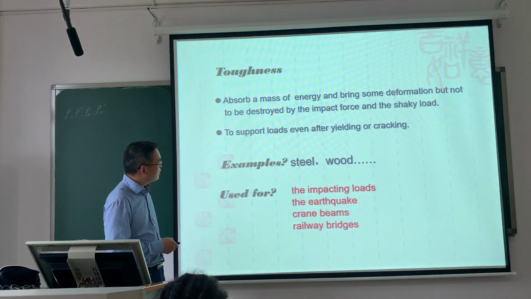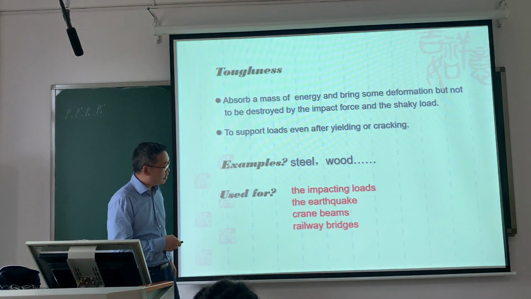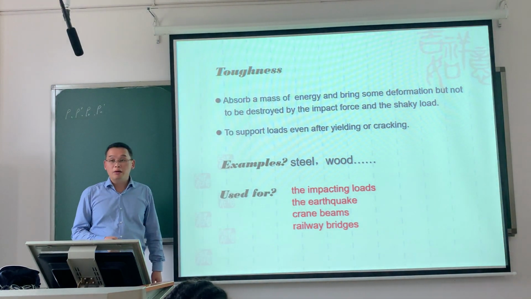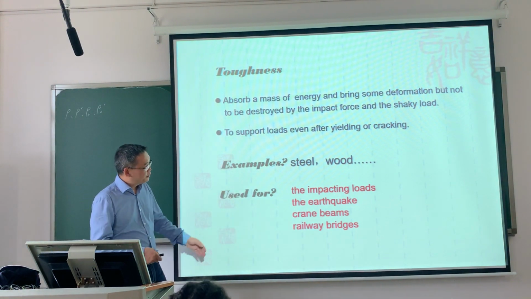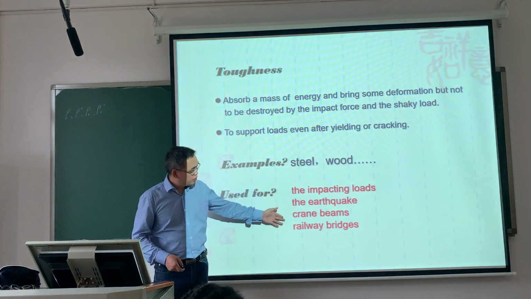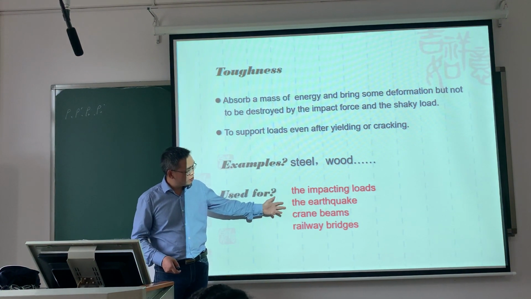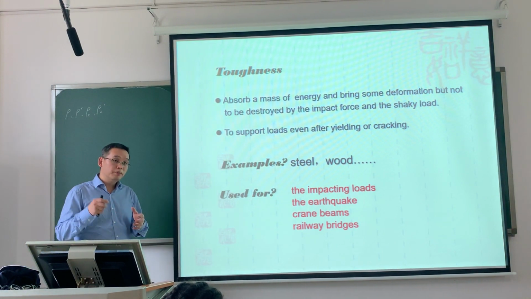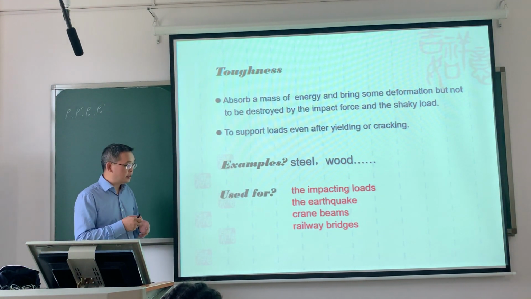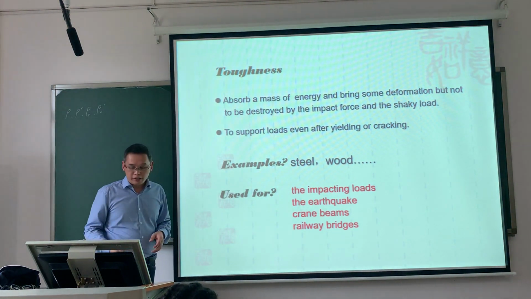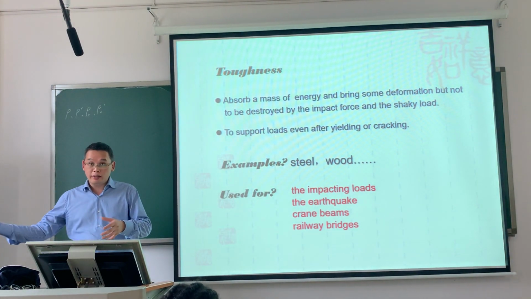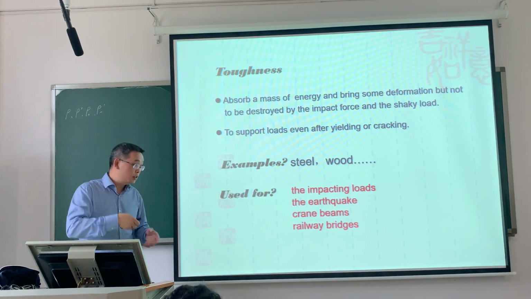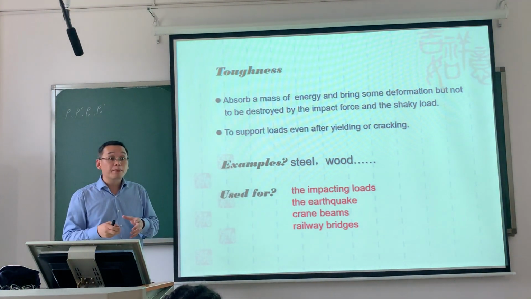What is this kind of toughness used for? It is used for impact loads such as earthquakes and drum beams or railway bridges. Because for this kind of structure, the load is put on suddenly, like the railway bridge, because if the train comes, the load will be applied to the railway bridge suddenly.